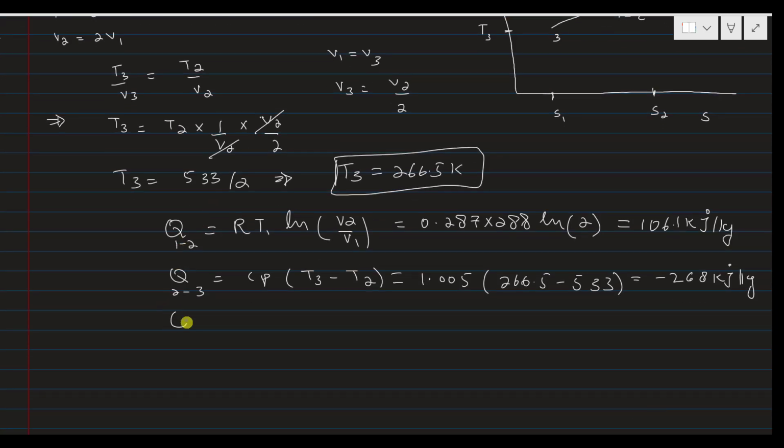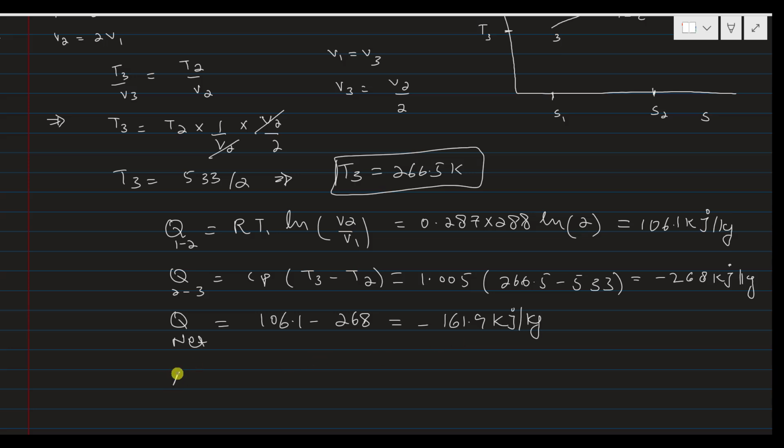Now the net heat supplied or rejected during this process is 106.1 minus 268, and you will get minus 161.9 kilojoule per kg. It means that the net heat is rejected, not supplied.